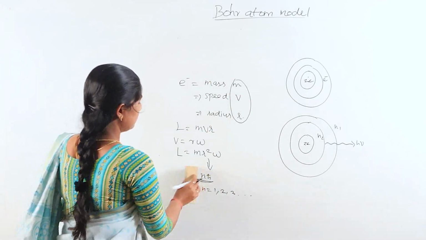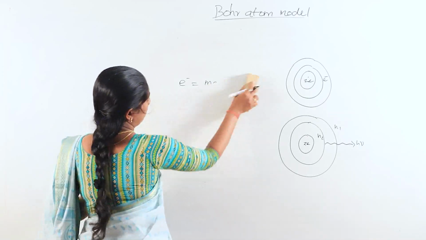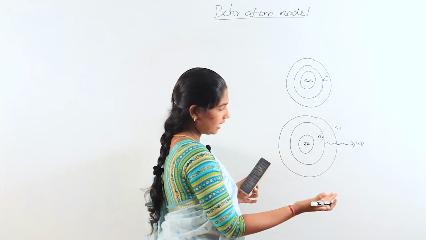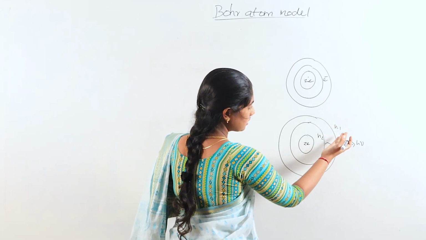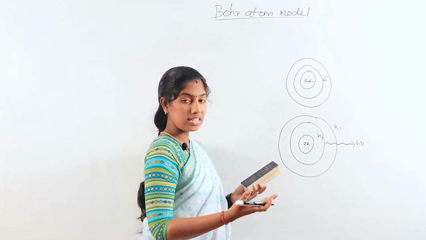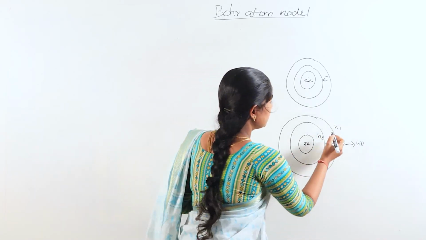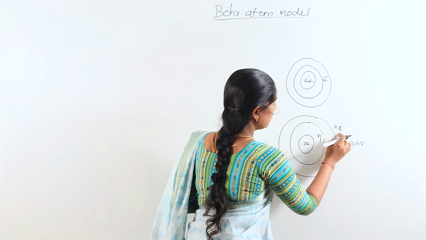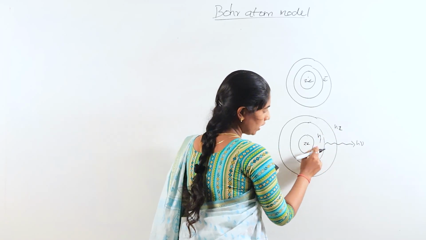And the second postulate is: energy is radiated when the electron jumps from the higher energy state to the lower energy state, or from initial energy to final energy. See here, this is the higher energy state and this is the lower energy state.